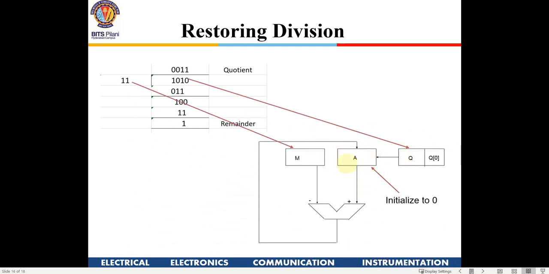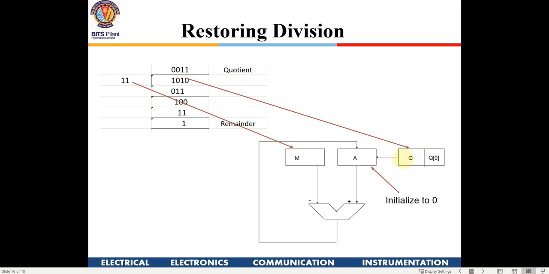So what we are going to do is, there is going to be a register which we are calling M. We initialize M with that number. There is going to be one register A, which we initialize as 0, and then we put the number which is to be divided into one more register, Q, right?